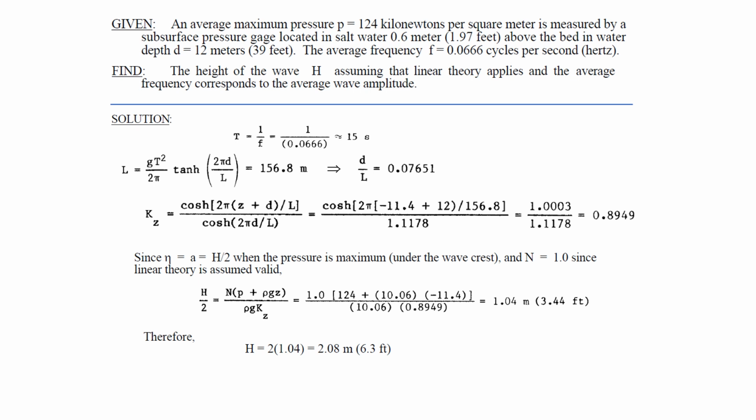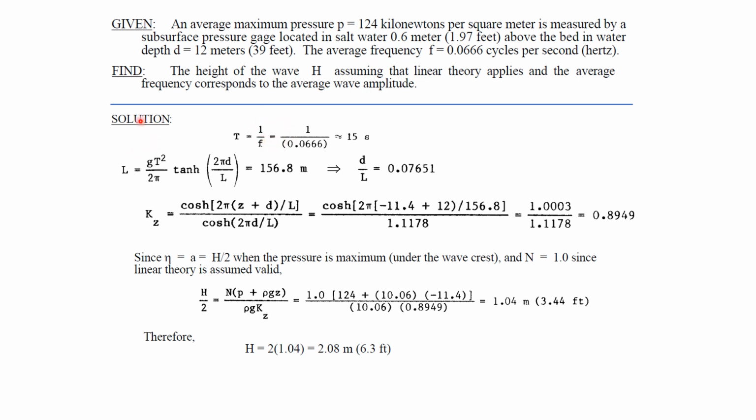The average frequency is 0.066 cycles per second. So that actually allows us to determine the wave period, which is the reciprocal of the wave frequency. So here we have a 15 second wave based on the frequency.